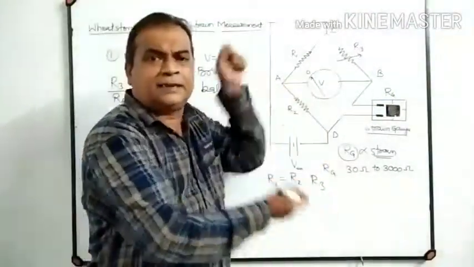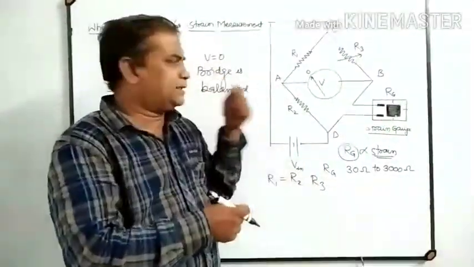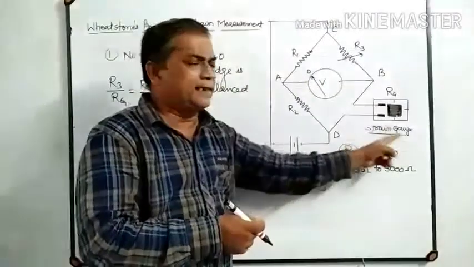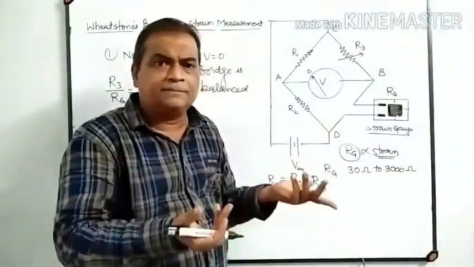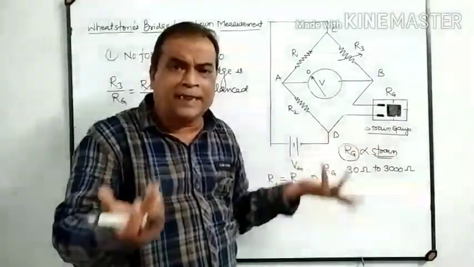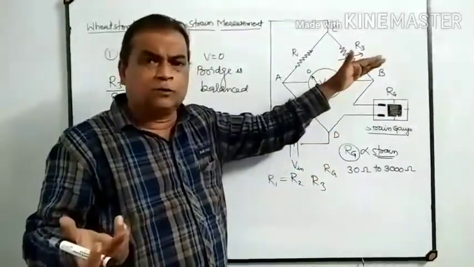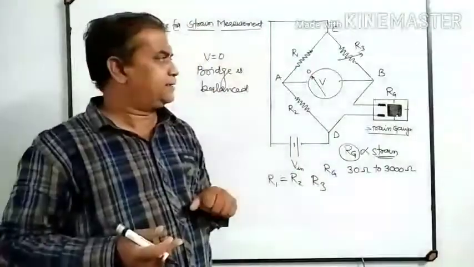Now in the second half, we apply some strain, means we will either compress it or stretch it. Due to compressing or stretching, the strain acting on the strain gauge will change. It means the electrical resistance of the strain gauge will change, means Rg changes, due to the strain applied to it.